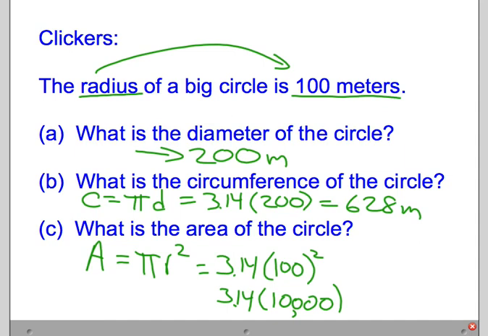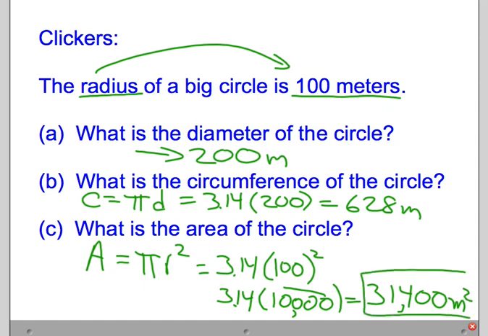And then that's a power of 10. You're multiplying. We have 4 zeros in our power of 10. So we're going to move our decimal over 4 places. That's 1, 2, 3, 4. So 31,400 meters squared. Okay.